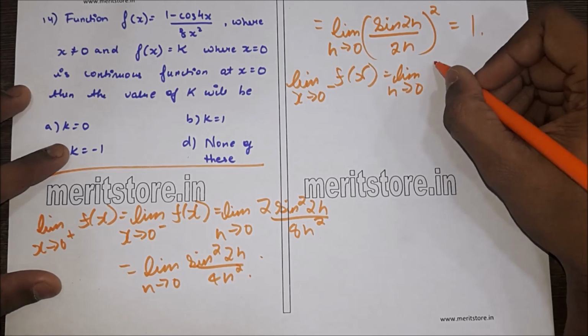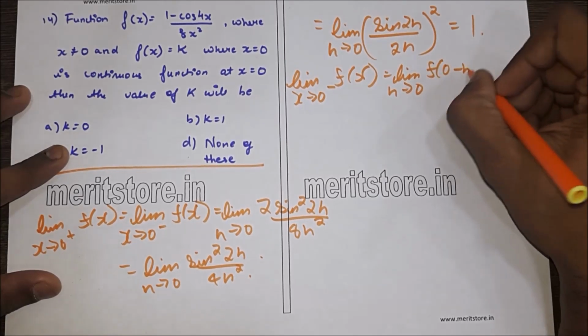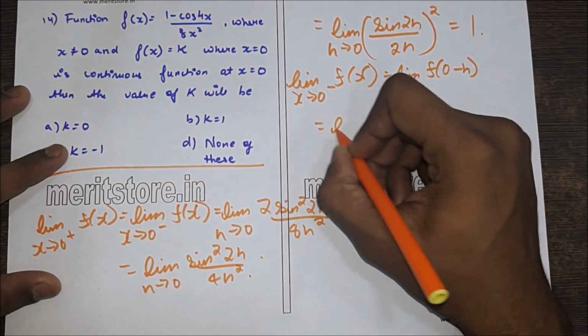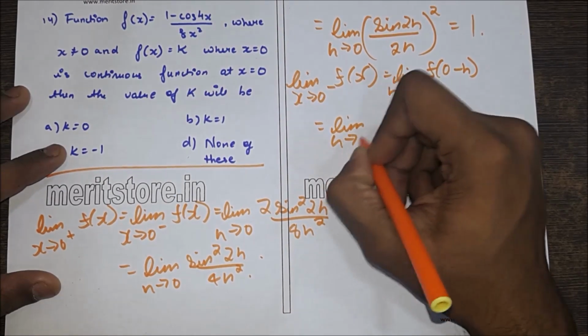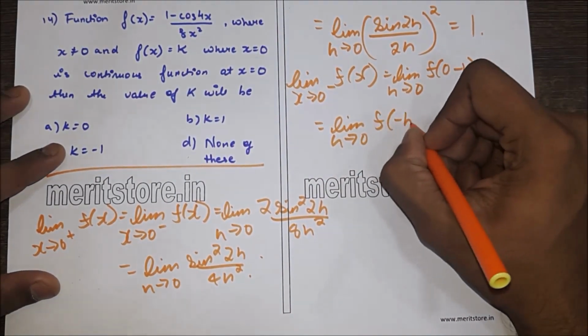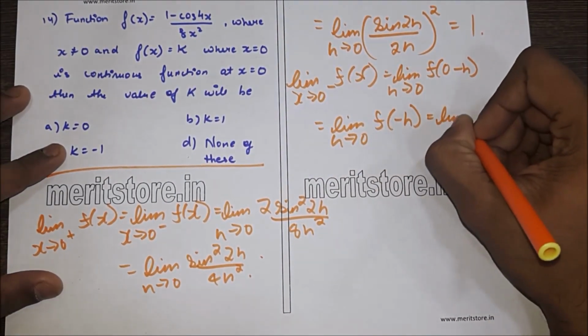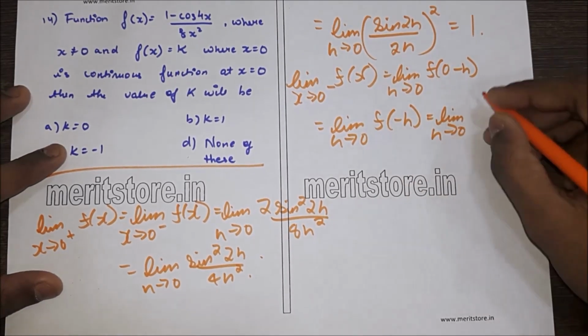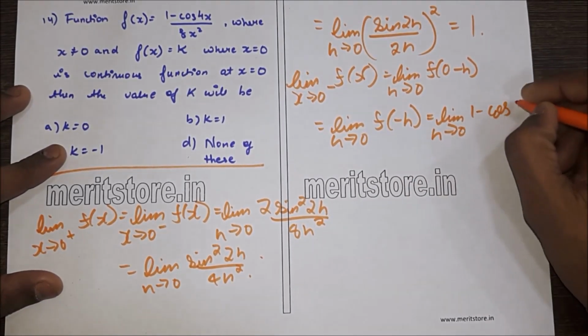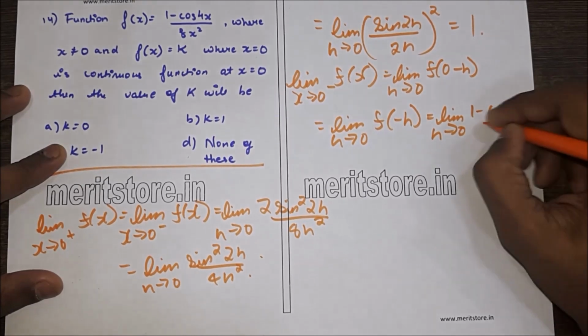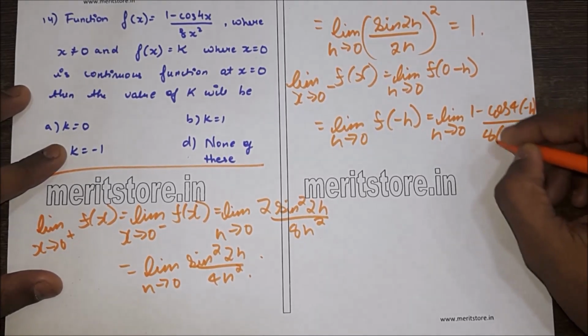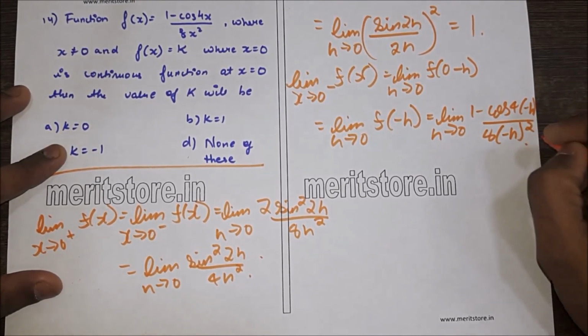Then limit of x tends to 0 negative f of x is equal to limit of h tends to 0 f of 0 minus h equals limit of h tends to 0 f of minus h equals limit of h tends to 0 1 minus cos 4 of minus h upon 8 into minus h the whole square.